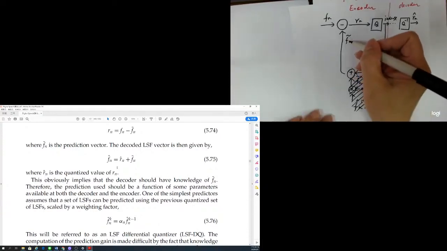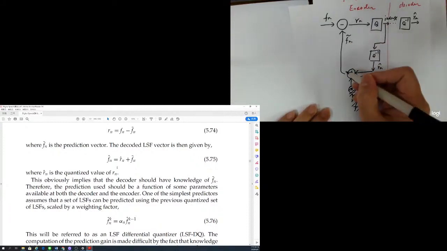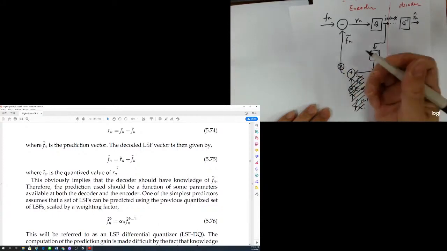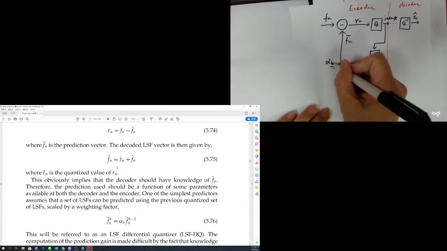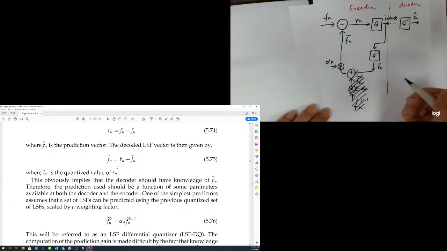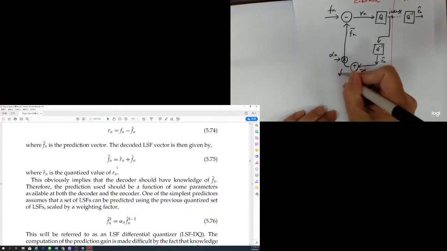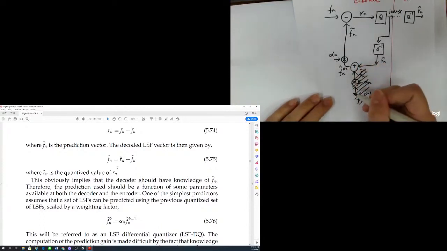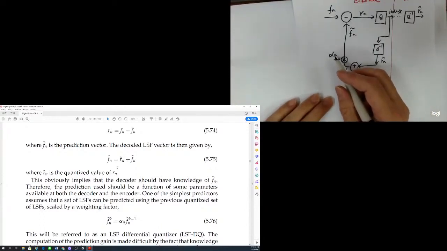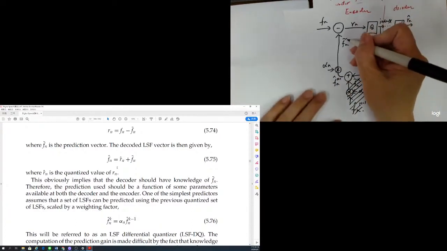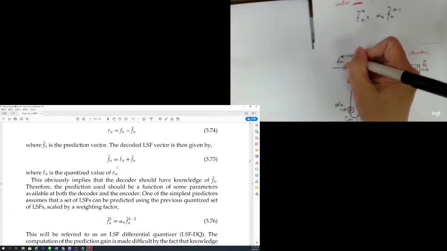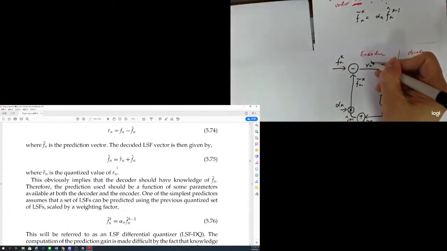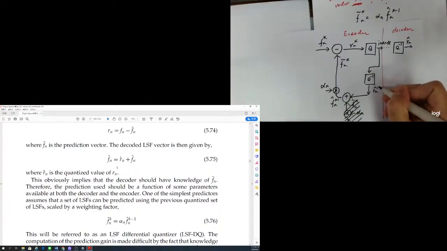This one is from your decoding signal, and we have to multiply it by alpha n. So you have f hat n k minus 1, multiplied by alpha n. This one is your k. This one is coming k, and coming k here, and here.